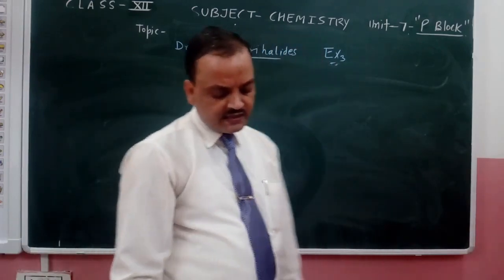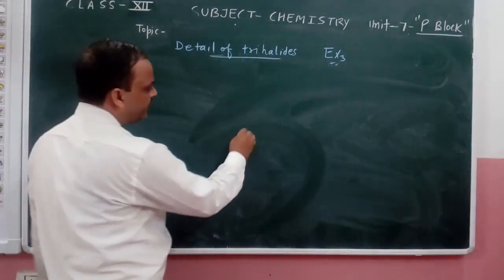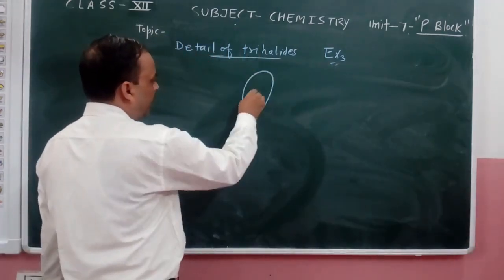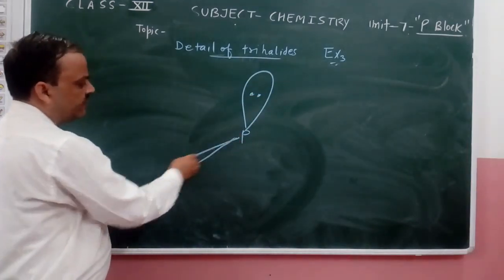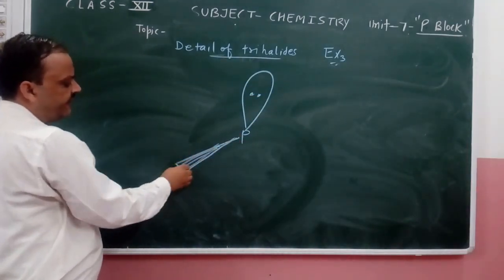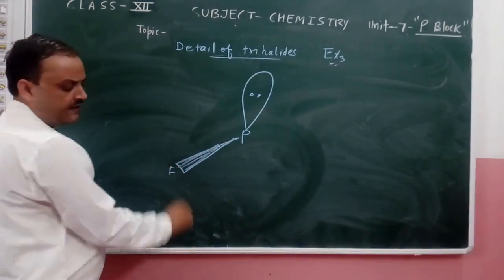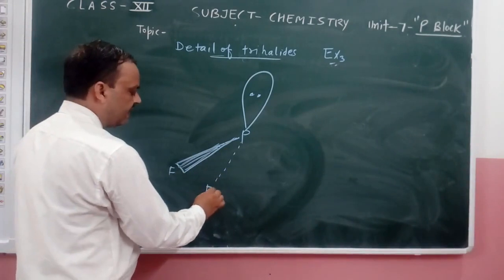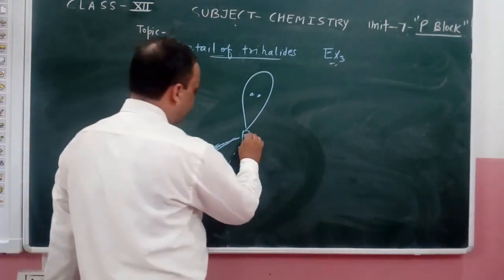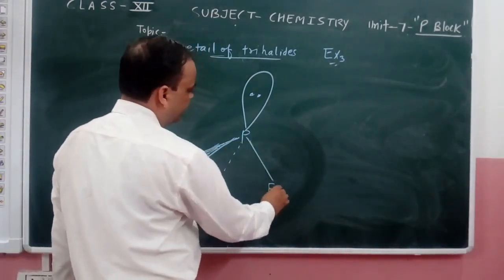sp3 hybridization is generally present when we look at the diagram. A lone pair is present there. One fluorine atom is present in this position, another is there, and another is present in this position.